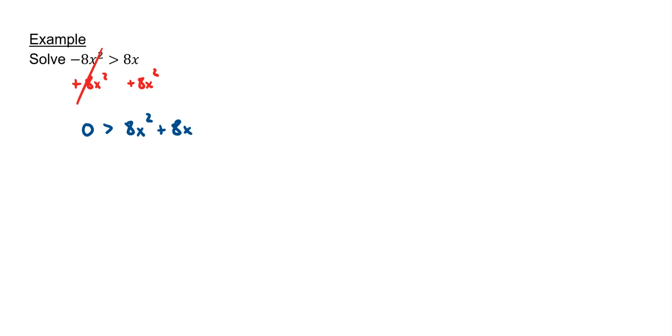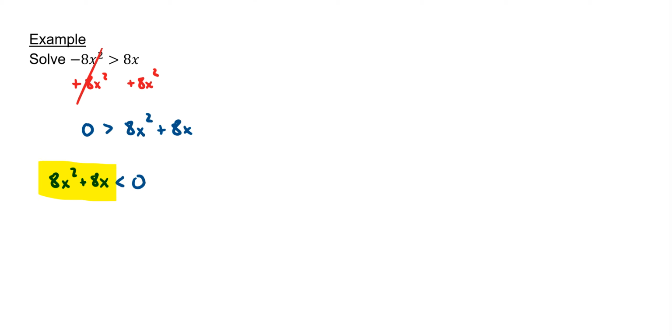And it's up to you, I guess. Once again, I like the variables on the left, but you don't have to write it like this. I'm just going to rewrite it as 8x squared plus 8x less than 0. So these mean the same thing, right? I just rewrote them, flipped which side they're on. If you do that, just make sure you flip the inequality as well.